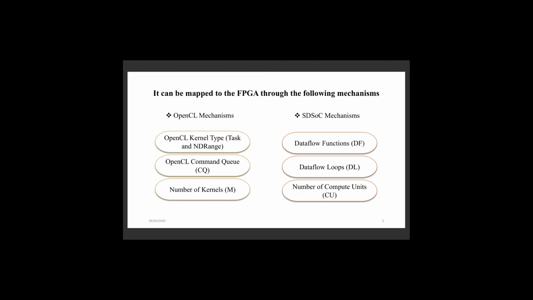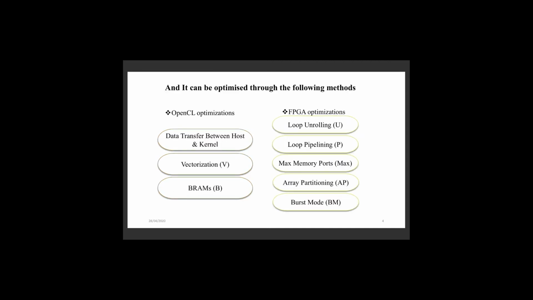And from the FPGA side, we have the pragma or attribute dataflow over functions or over loops, which could map the functional parallelism to the FPGA, and the choice of the number of compute units mapping option. So those mapping mechanisms can be optimized.